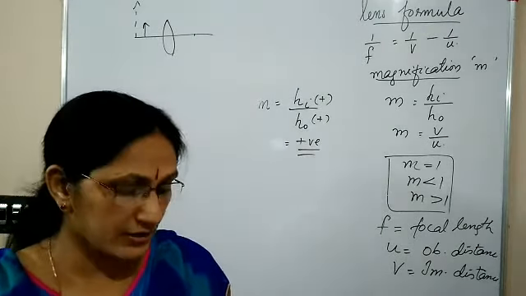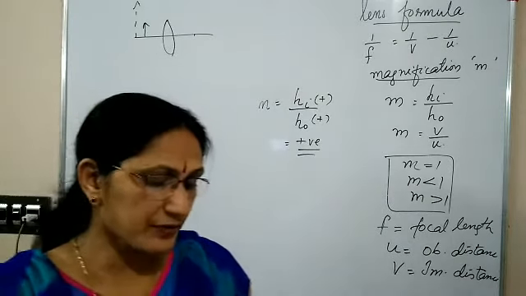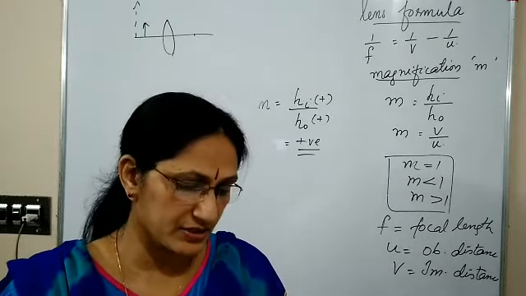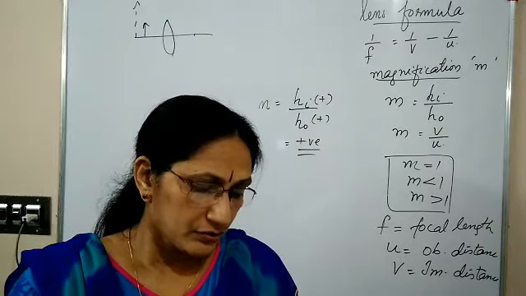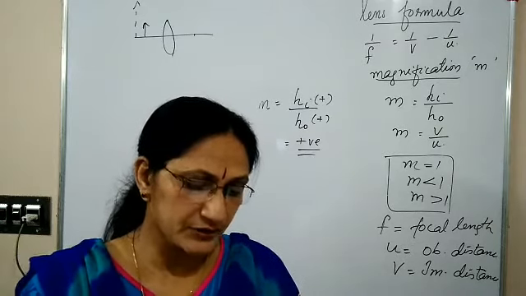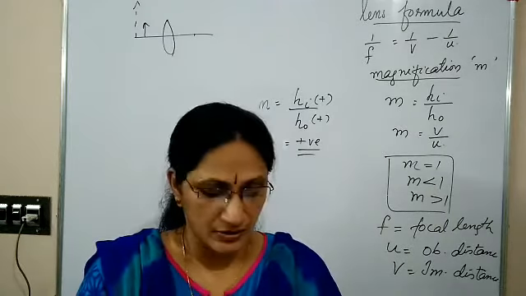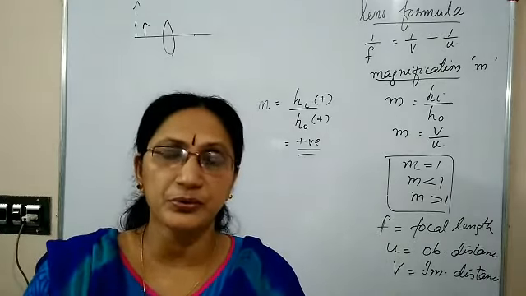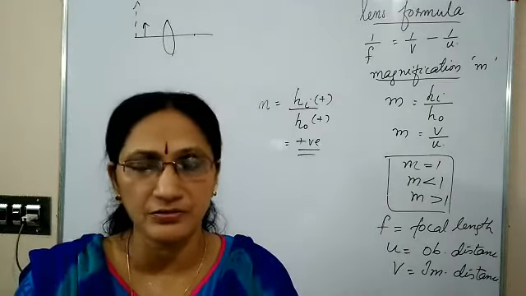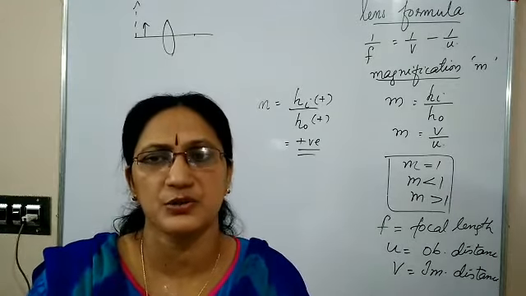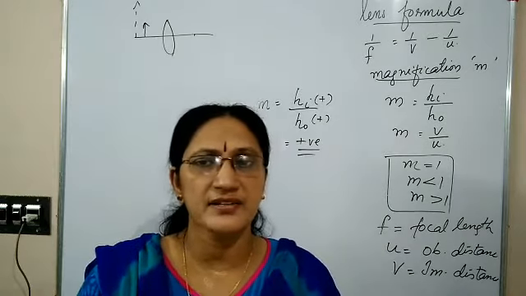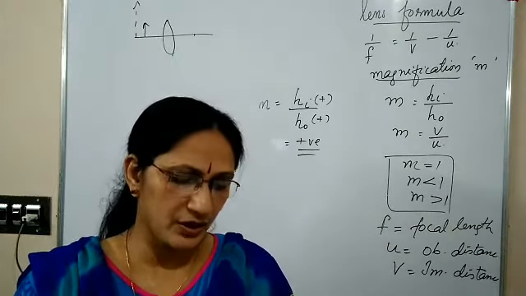Now question number 8. Justify on the basis of sign convention the positive focal length of the convex lens. The reason is that f2 is considered as the main focus, and it has some reason also, that detailed study you need not make now.